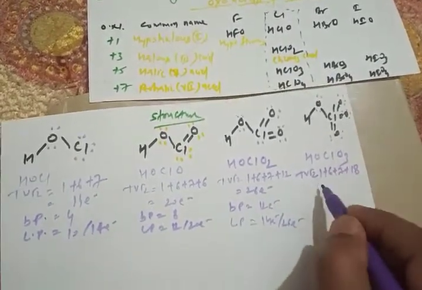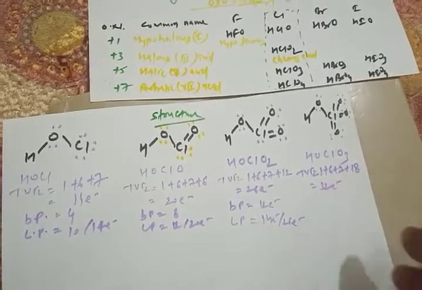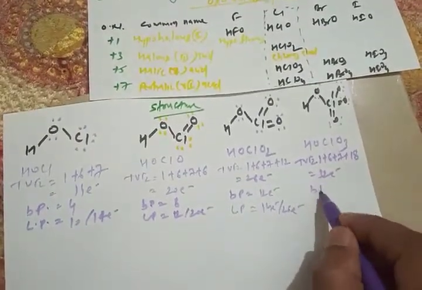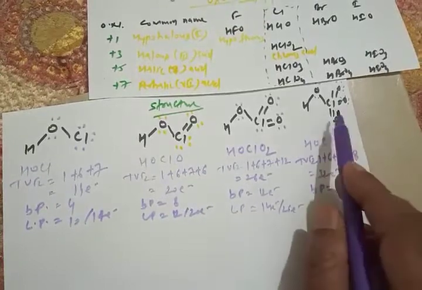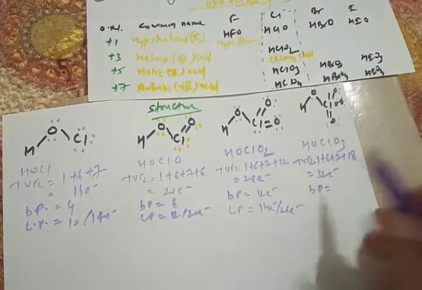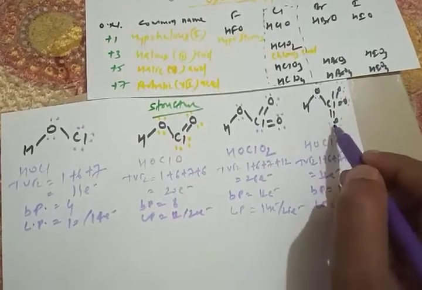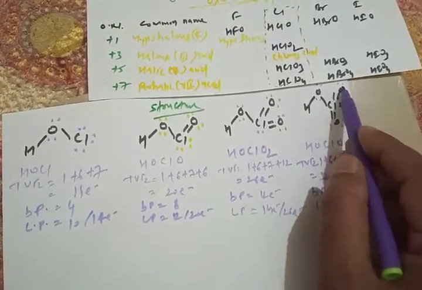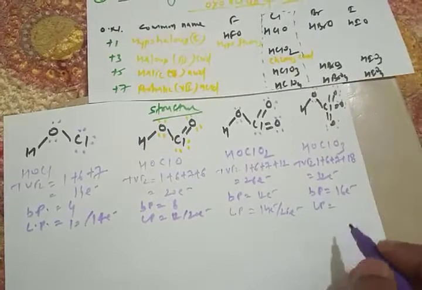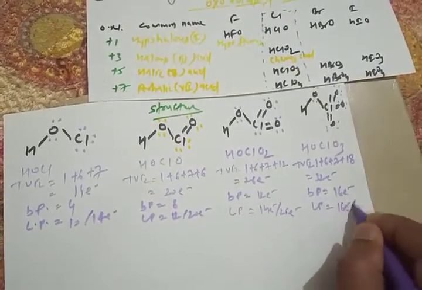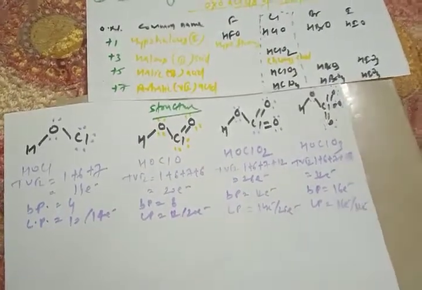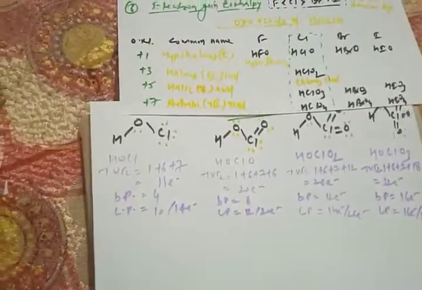So the total will be 32 electrons. And bond pair, we have 1 2 3 4 5 6 7 8. So total 16 bond pair electrons, and lone pair 4 8 12 and 16. So 16 bond pair and 16 lone pair, this will give you 32 electrons. So this is how the structure is drawn.